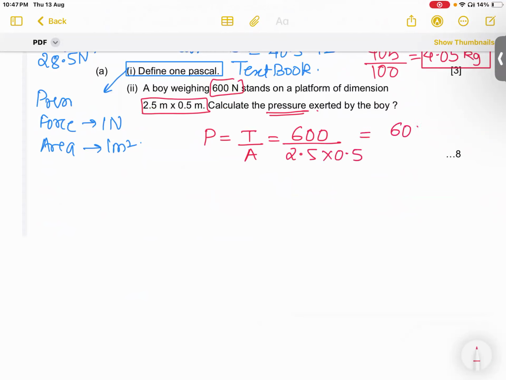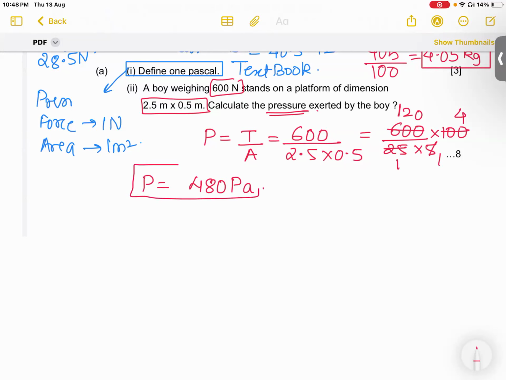I can write this as 600 upon 25 into 5... these both zeros will go. This will become 25 ones are, this is 4s are, 5 ones are. This will be 1, 2, 120 into 4 will give me 480 Pascal. That's the value of pressure which is going to be exerted. Is it clear, kids?